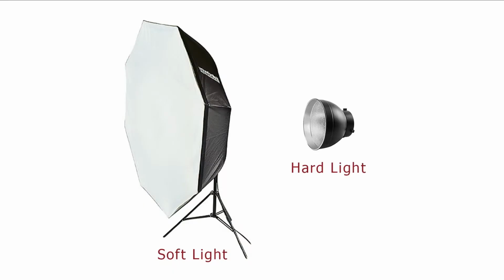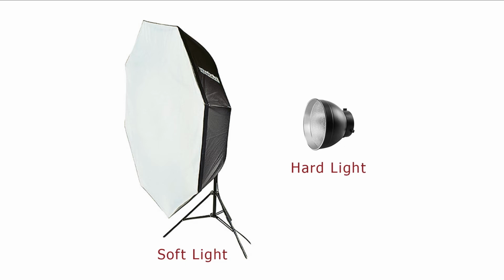All right, so if we look at the two again, just to put a finer point on it, you can see the difference between hard light on the left and soft light on the right. Again, let's look at the two different modifiers we're going to use to create those. For soft light, we're going to use a large modifier. What you're looking at here in this slide is an Elinchrom 74-inch octabank, and then a small silver reflector is what we would use for hard light.